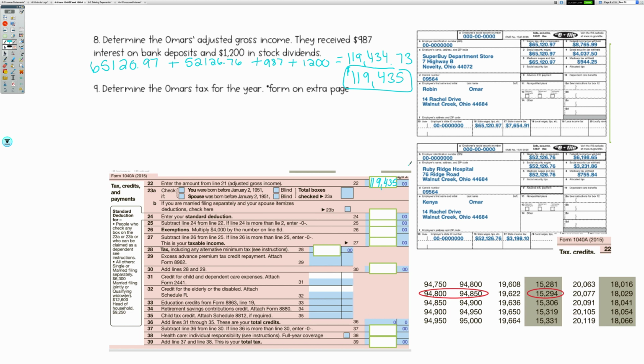All other single or married filing separately are this, but they're not filing separately, they're filing together, so it's not that one. And then it says married filing jointly or qualifying widowers would be 12,600. And they're not head of household, so it's not that. So in the line 24 box, they're married filing jointly, so I would put this number according to that little bubble.